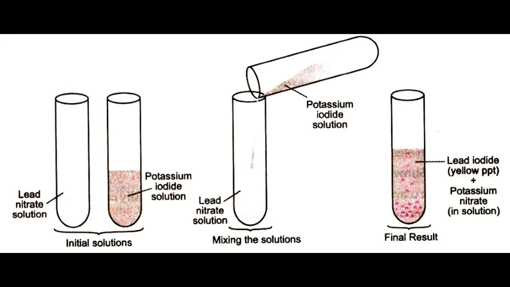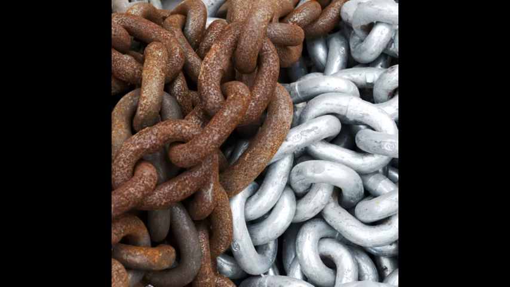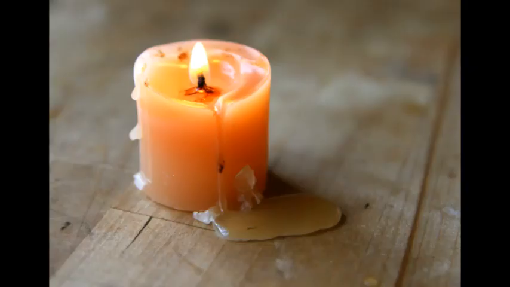These 2 reactants react to form lead iodide, a yellow precipitate, and potassium nitrate, a colorless solution. This change in color, yellow, in the product. And another common example is rusting. When iron rusts, it becomes brown. So these are the examples of change in color.